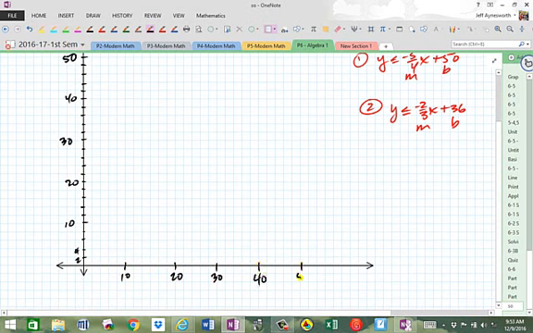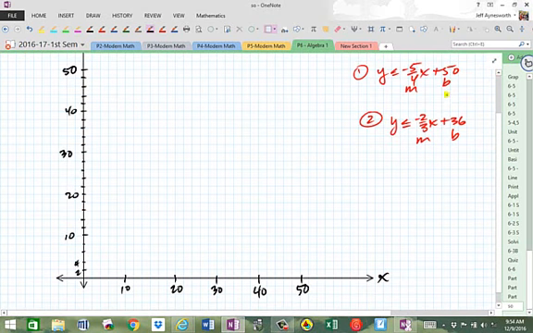Now on a slope of negative 5/4, if you multiply by 2, that's the same thing as negative 10/8. So starting at 50, right up here, instead of going down 5 right 4, I'm going to go down 10 right 8.